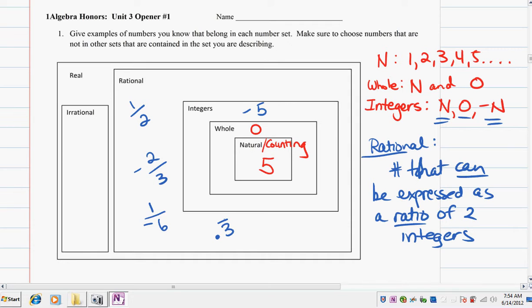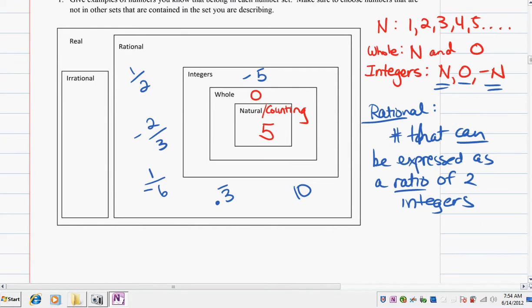Even though it's not expressed as a ratio of two integers, it could be. Another example, 10. Even though it's not expressed as a ratio, I could put it over 1, and that creates it as a ratio of two integers. So rational numbers are anything that can be expressed as a ratio of two integers; it doesn't have to be expressed that way to still be considered rational.